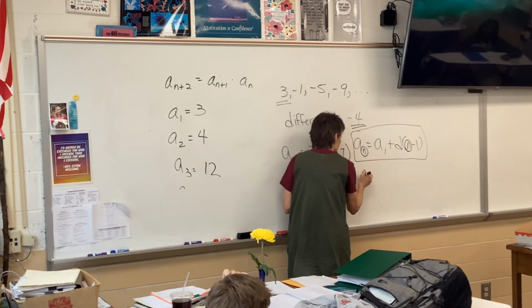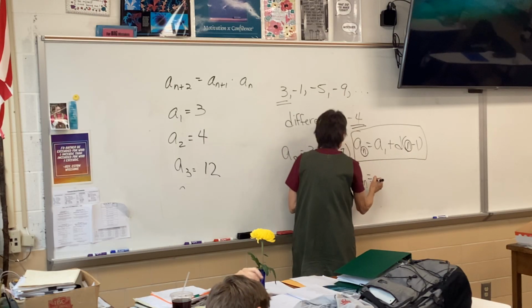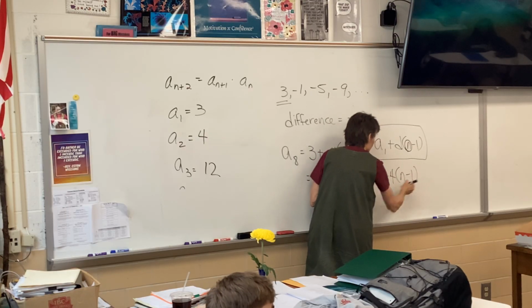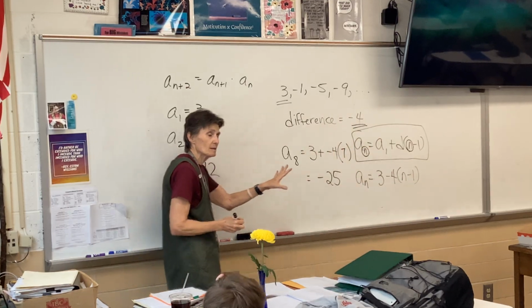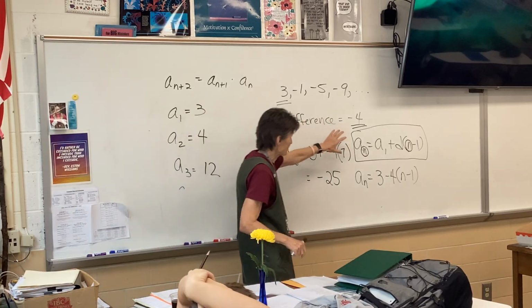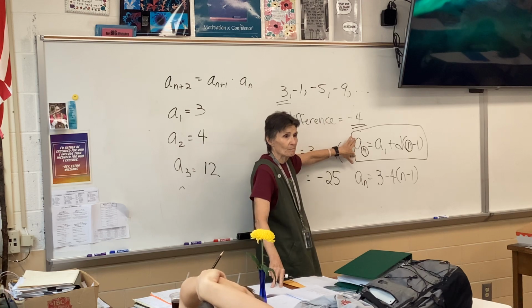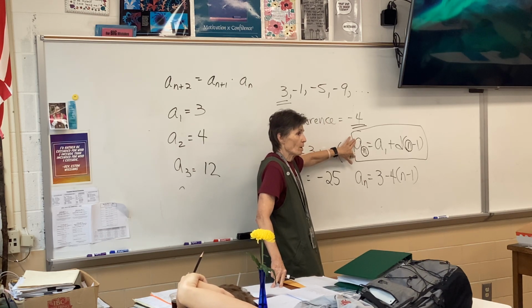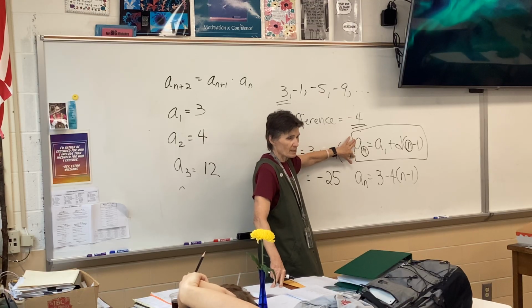So our explicit formula will look like this. Now I'm not done with it, but that's the beginning of it. So this will always be the explicit formula or explicit rule for an arithmetic sequence.